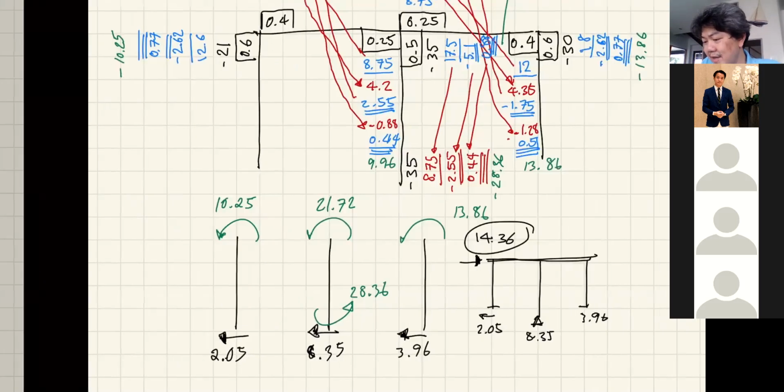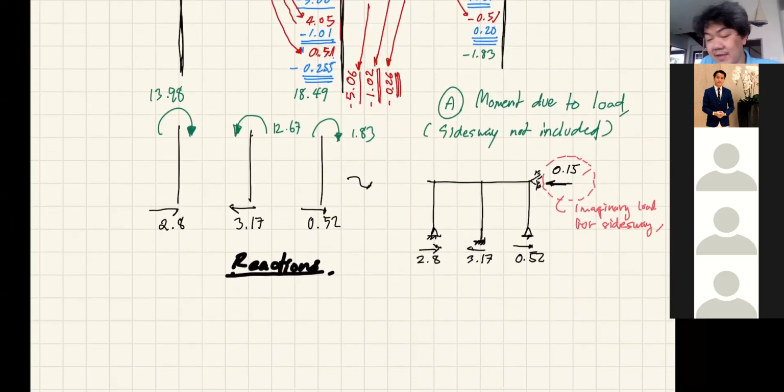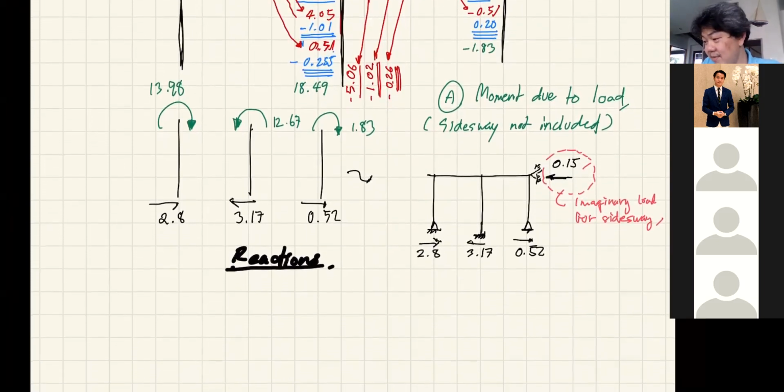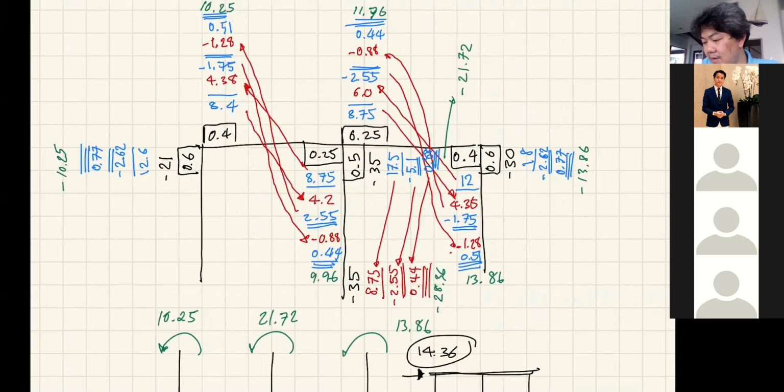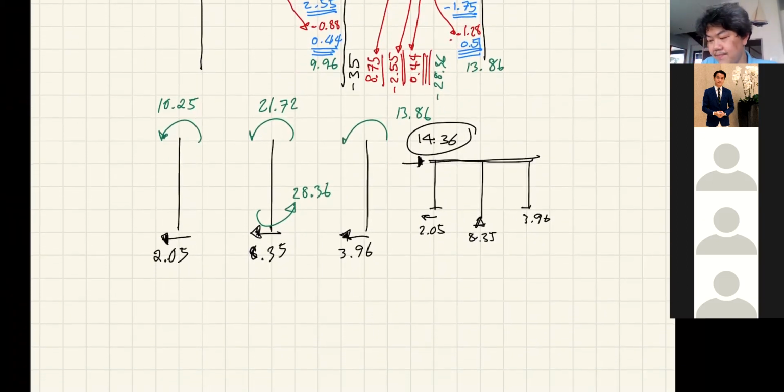But your target is to find the frame that is pushed by 0.15, right? I draw this as a reaction, but it's the same thing if I draw it there. So your target is 0.15, but after the trial, I give you 14.36.